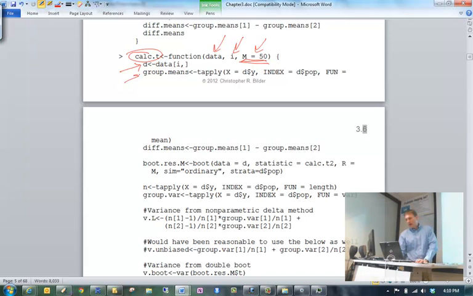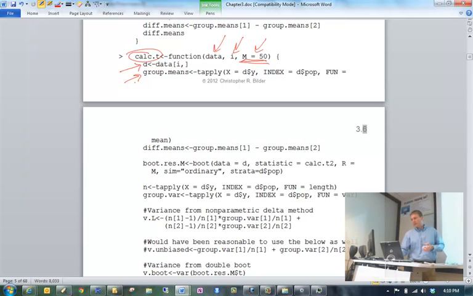Then, to find y bar 1 and y bar 2, I use a function called tapply. This is the first time that we've seen this function, but it's closely related to the apply function that we've seen before. What tapply allows you to do is, in some respects, like proc means with a by statement or even a class statement in SAS.